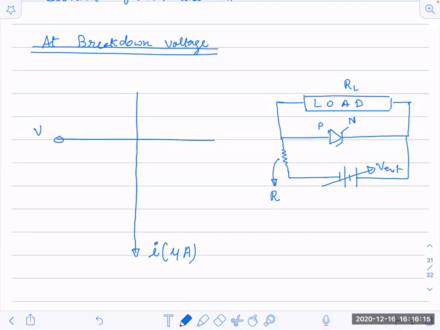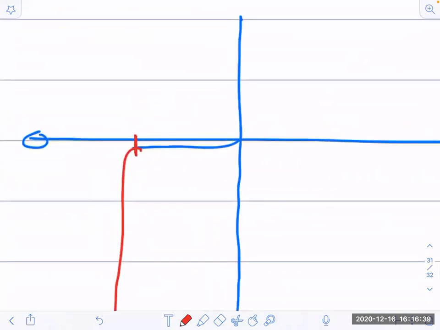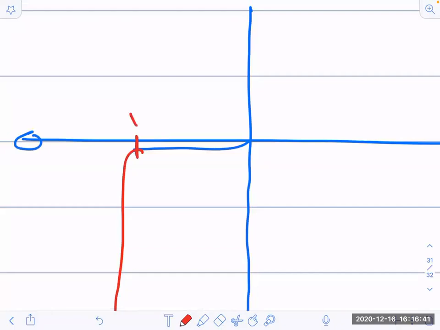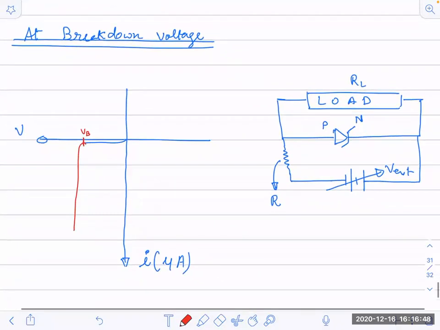Very small current was initially flowing, but as the voltage reaches the breakdown voltage, a sudden rise in the current is seen like this. This point that you see is called the breakdown voltage, V suffix B.